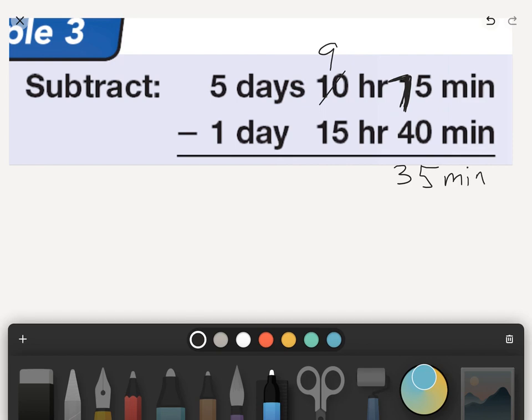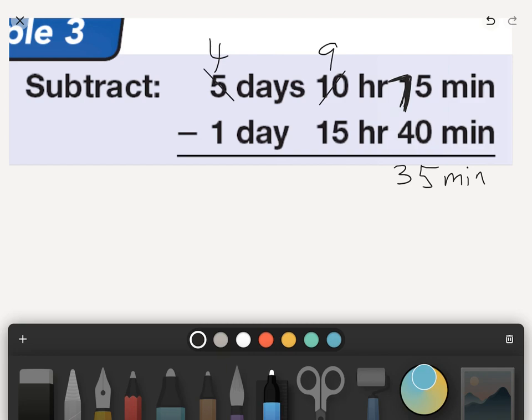Okay, but now I've got the same problem here, is I can't subtract 15 hours from 9 hours, so I'm going to need to regroup one of my days. So if I take 1 day off of here, this is where it might feel a little strange, is now I'm changing over to a completely different unit system. Because there's not 60 hours in a day, right? How many hours are in a day? 24.